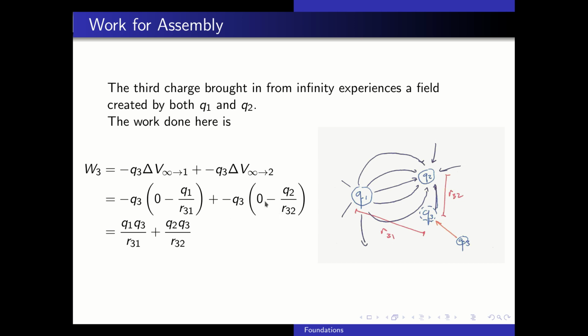These two terms should be reversed. And I've left off K's. So we end up with a kQ1Q3 over R31, a kQ2Q3 over R32. If I insert the missing K constants, R31 and R32 describe the distance between charge 3 and charge 1, and charge 3 and charge 2.